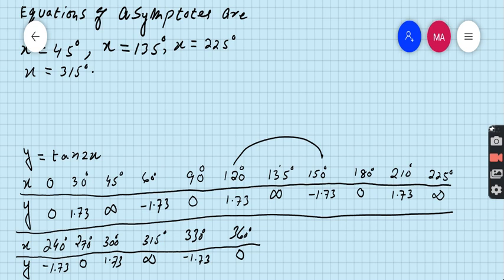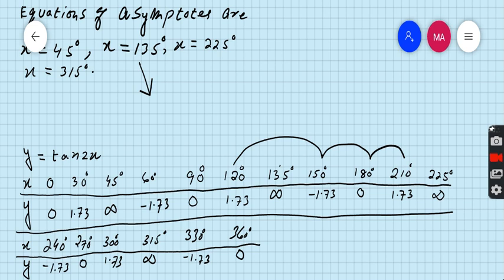But the midway value of 120 and 150 is 135, and you can see 135 gives you the undefined value. Therefore we must include 135. Similarly, 150, then plus 30, 180, then 210.